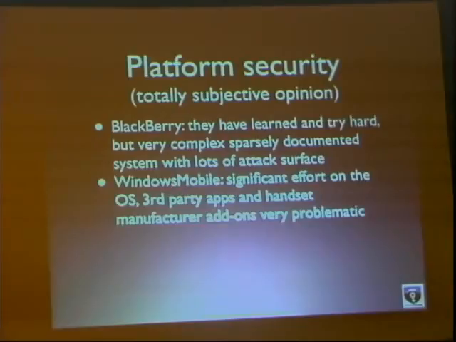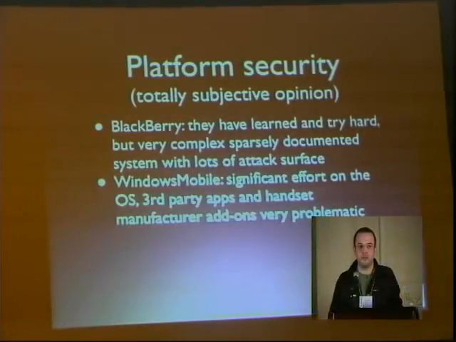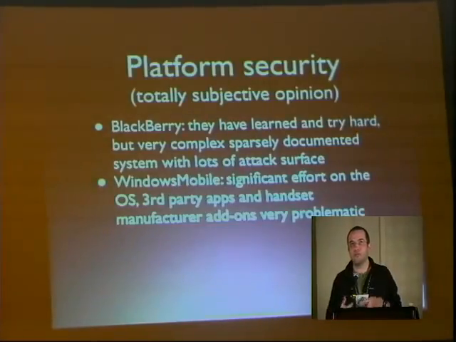But still, the problem is the third-party applications. So when maybe HTC or some other vendor does their handset, they put on picture viewers, MMS viewers, MP3 players, video players, picture contexts, also one of my favorite subjects.